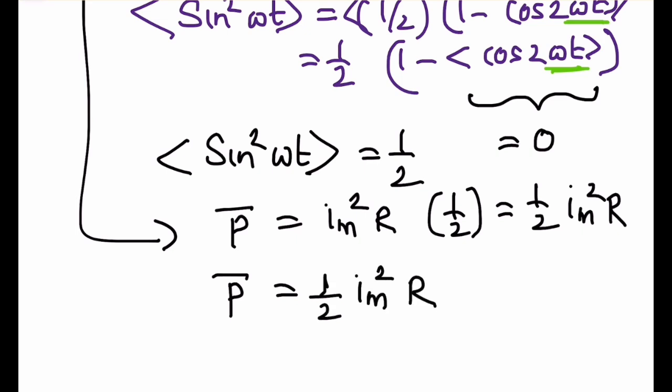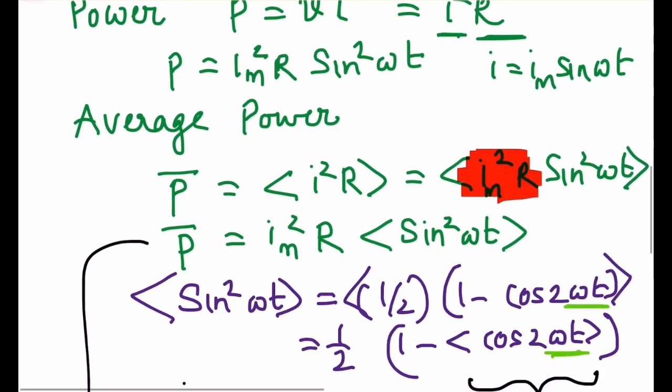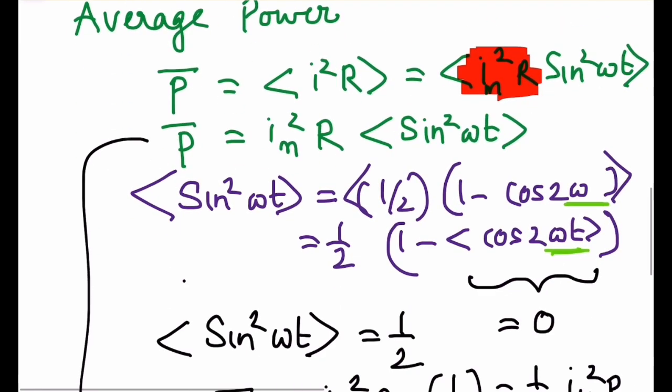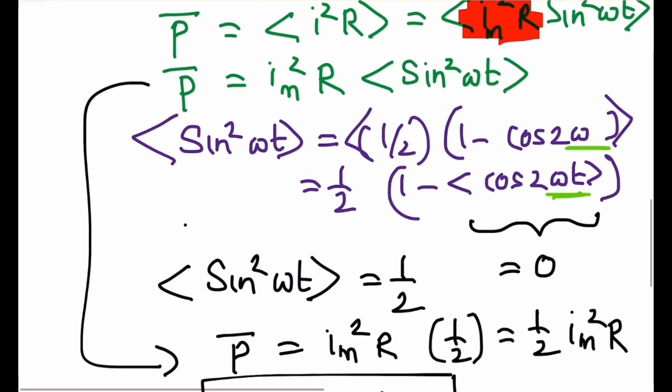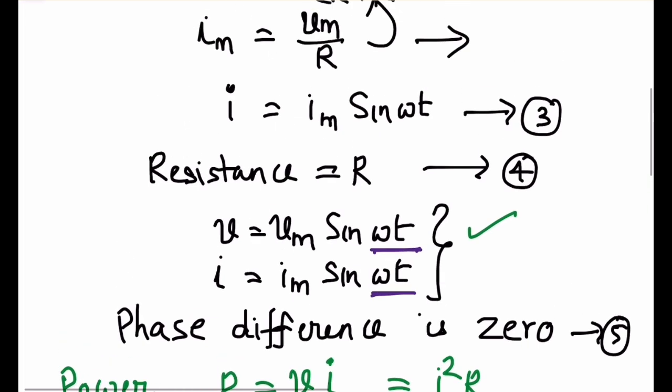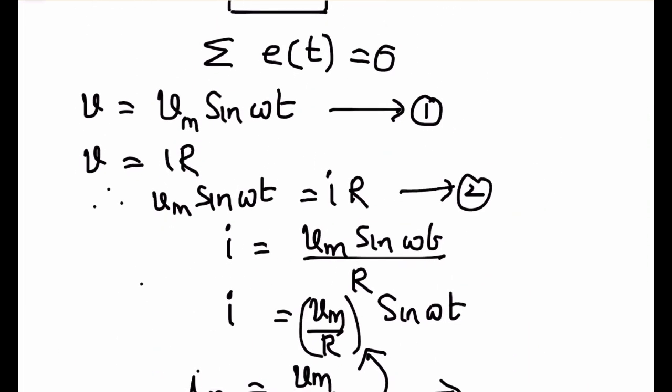Here we wrote the equation numbers. The last one we wrote is 5, so now you can write it as equation number 6. Now if you go up and check once again, we need to know totally 5 equations, as I told you in the introduction. Here we got all the 5 now. V is equal to Vm sin omega t, that is the voltage equation.